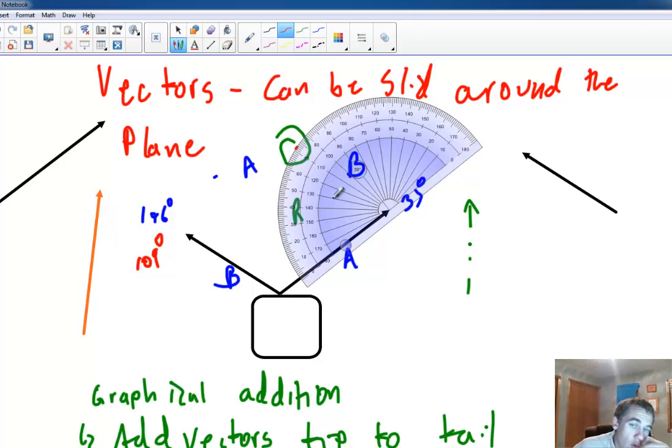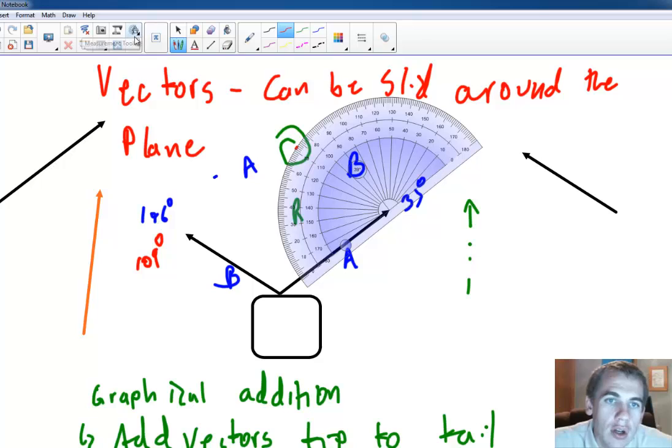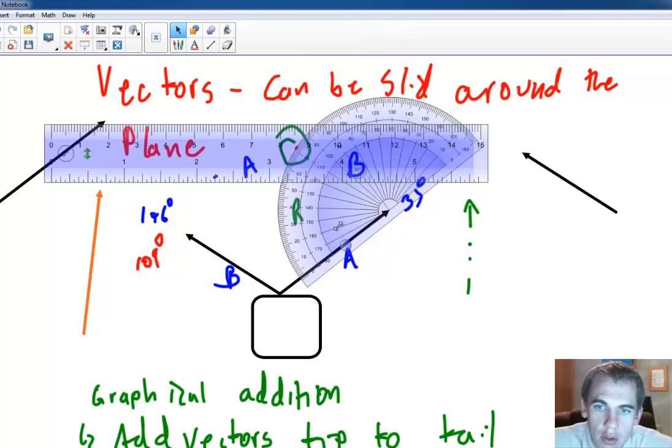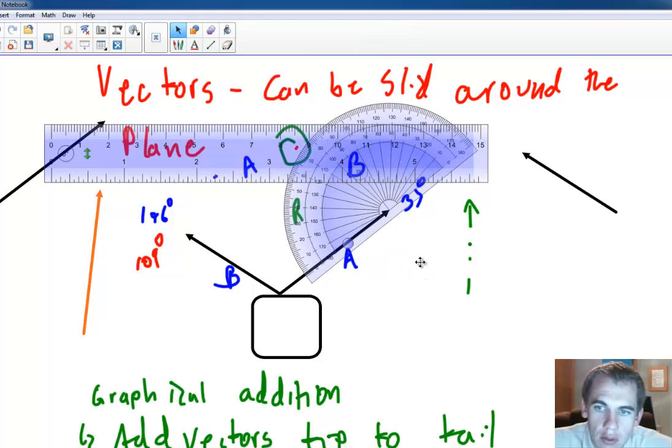Okay, now I know about where vector B is going to be, but I need to know one more thing about it. I need to know its magnitude. Well, remember, the length of the vector represents its magnitude, so we're going to grab a ruler and measure vector B. So let me grab my ruler, and I need my protractor out of the way for now, so goodbye protractor.